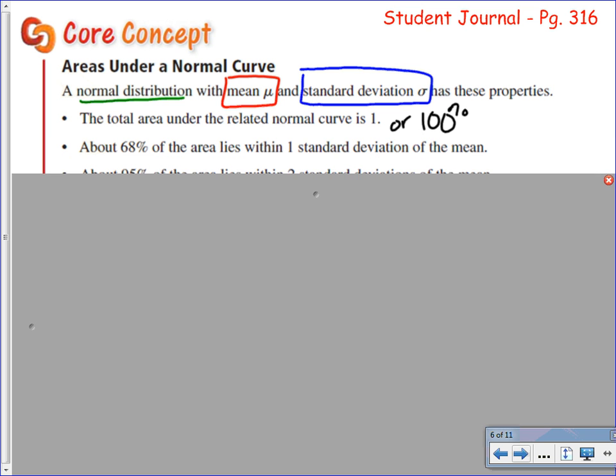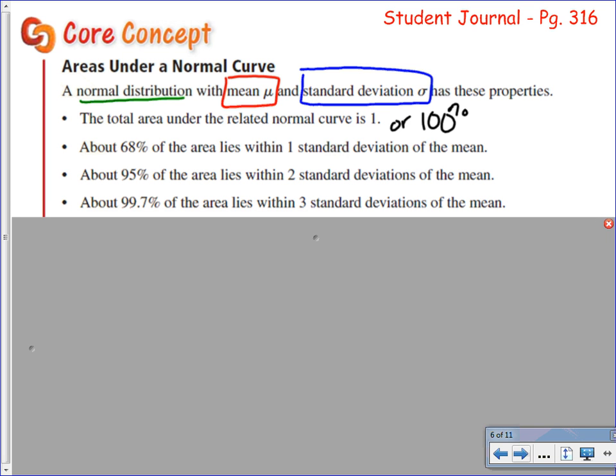The next 3 bullet points are those same bullet points that we saw in that activity when we were counting the squares. Even though we were a little high or a little low on some of our counts, we were very, very close to what is actually true for normally distributed data. 68% of the area lies under 1 standard deviation of the curve, which means 68% of your data lies within 1 standard deviation of your mean. 95% of your data lies within 2 standard deviations of your mean, and 99.7% of your data lies within 3 standard deviations of the mean.